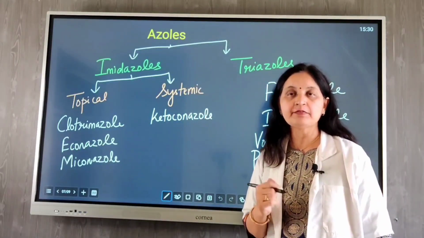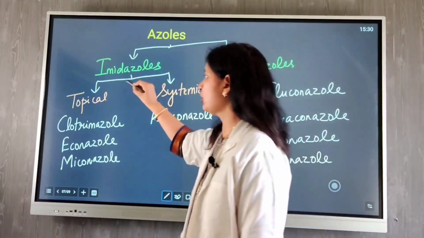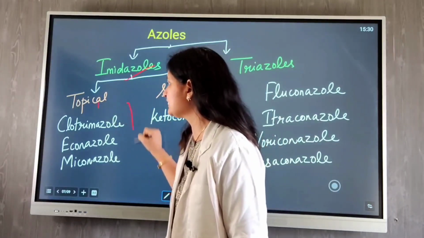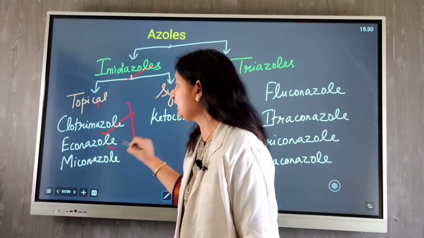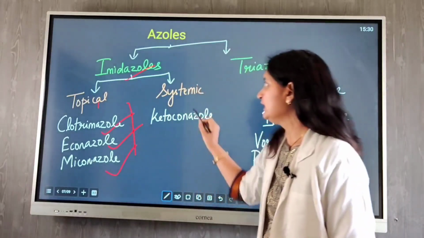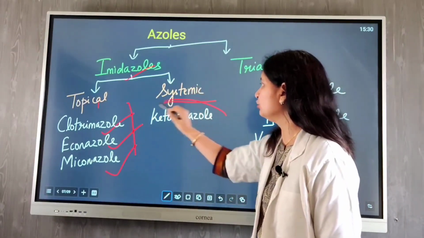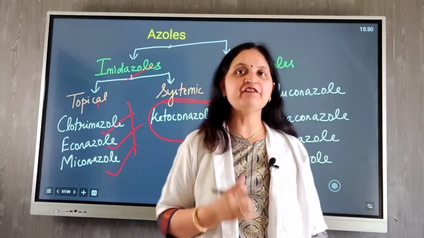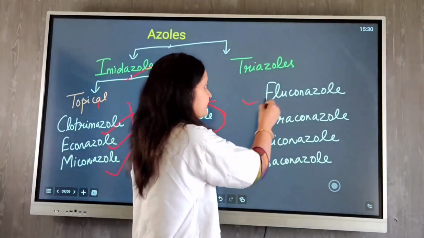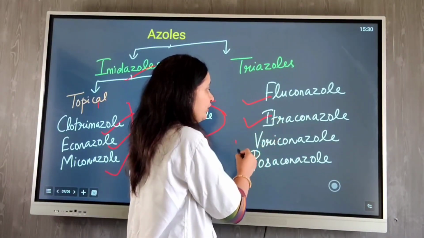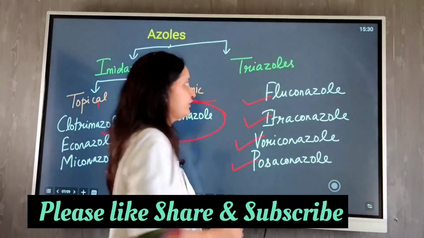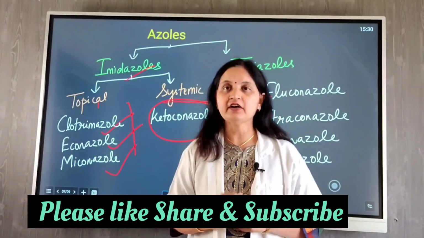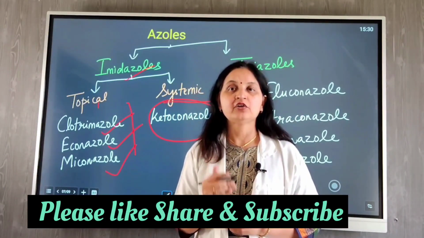Azoles can further be subclassified as imidazoles, which include topical agents such as clotrimazole, econazole, miconazole. Systemic imidazoles include ketoconazole. Triazoles include antifungal drugs such as fluconazole, itraconazole, voriconazole, and posaconazole.